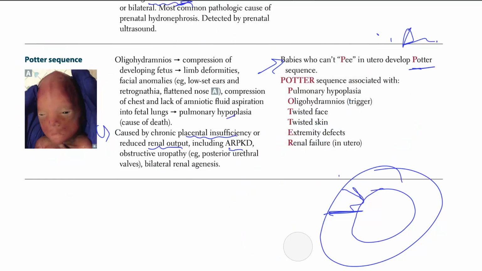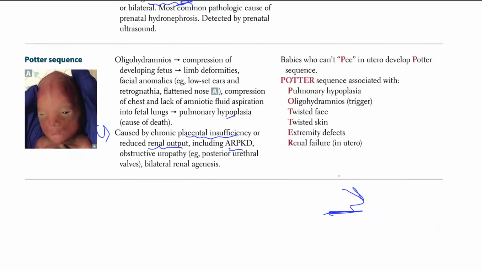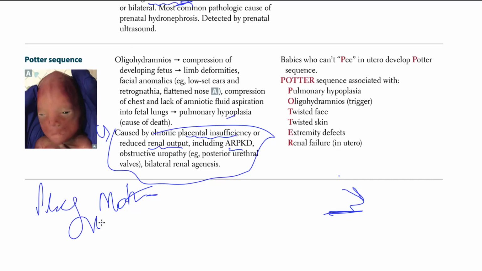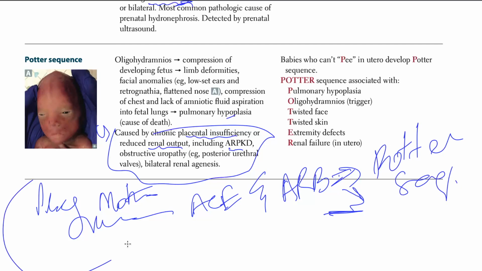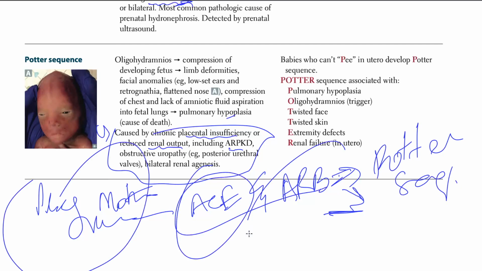So that's what we have for the Potter sequence. And now, important point is, we did talk about all the causes, but if the mother who's pregnant, right, like a pregnant woman, takes ACE inhibitors and ARBs, this leads to Potter sequence too. So that's why for pregnant women, ACE inhibitors and ARBs lead to the Potter sequence.